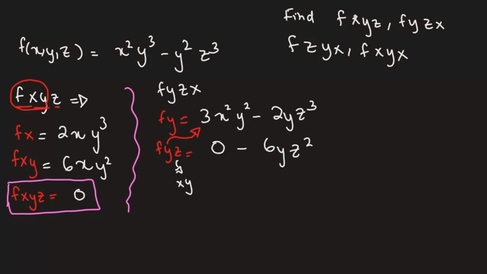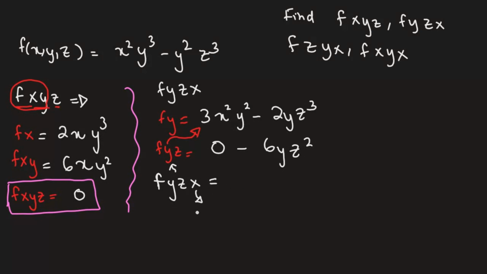Now we have to differentiate this function with respect to x, right? So f of y of z of x finally. So yz, we already have it over here, this function. We're differentiating this function with respect to x.